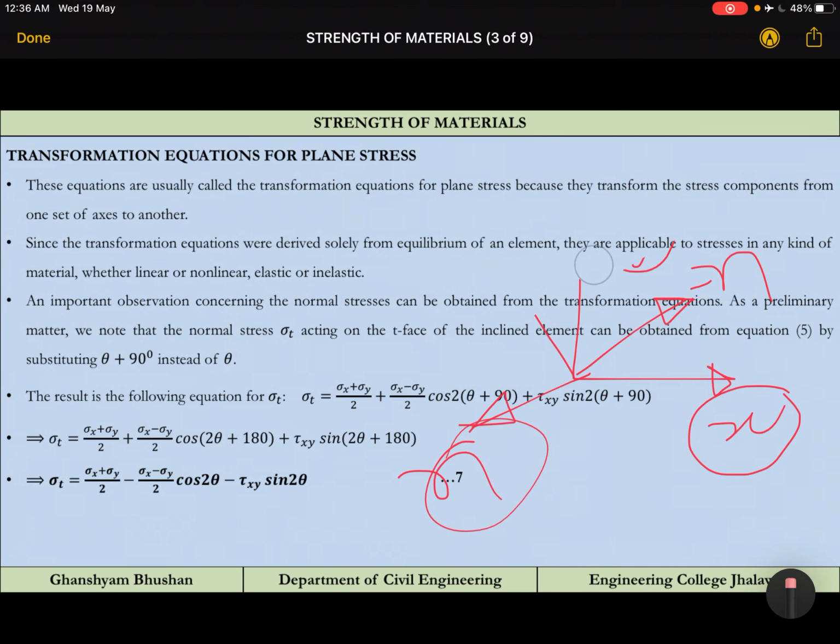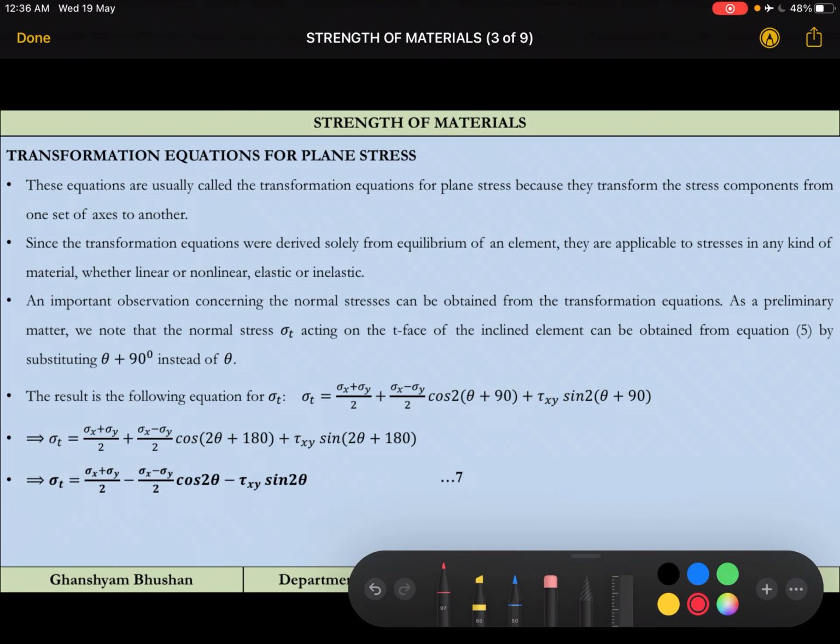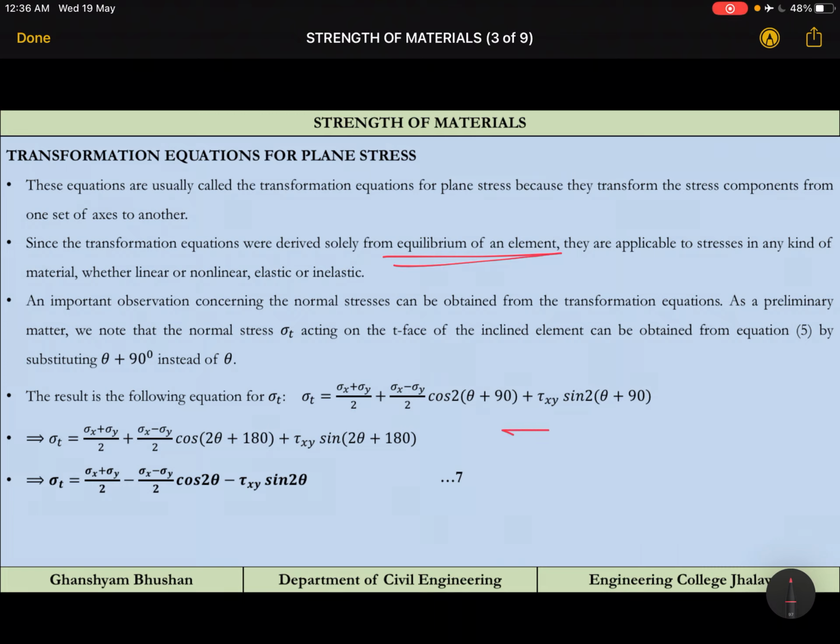We are transforming the components of stresses from one set of axes to another. Since the transformation equations were derived solely from equilibrium of the element, what was our main equation? Summation of F is equal to 0 in the n and t directions. This is nothing but the equilibrium equation, so it is applicable to stresses in any kind of material.